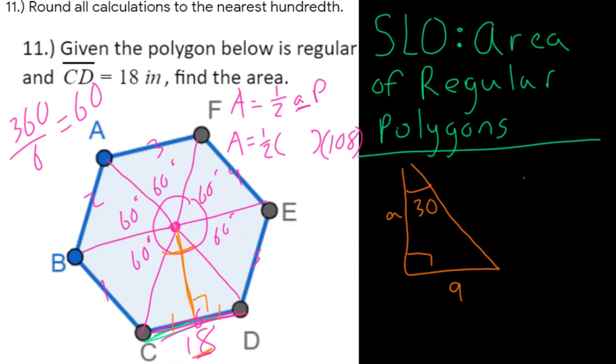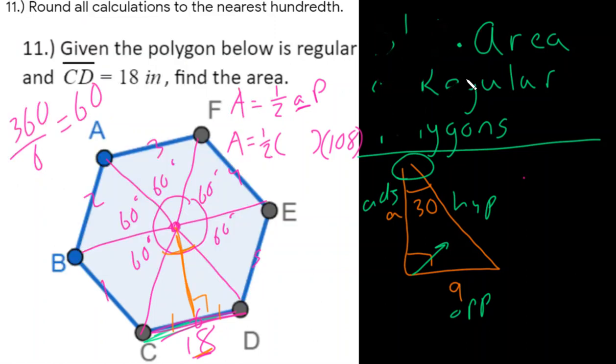So let's go through and do all the things that we would typically do. I draw my arrow, which labels the hypotenuse. I circle my relevant angle, which allows me to label the adjacent. And of course, then I can label the opposite. And from here, I can actually start to do my trigonometry. So let me give myself a nice little space here.